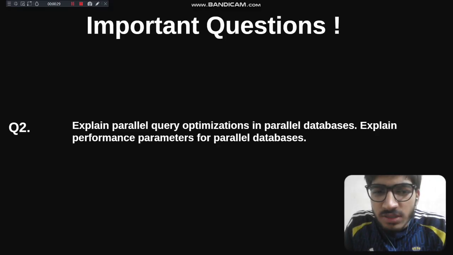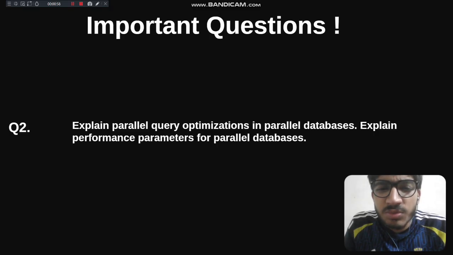Parallel query optimization refers to techniques used by a parallel database system to efficiently divide and execute a query over multiple processors or nodes simultaneously. The goal is to reduce query response time and improve throughput. When we submit a query, instead of executing it on a single CPU, the system breaks the work into smaller tasks and executes them in parallel.